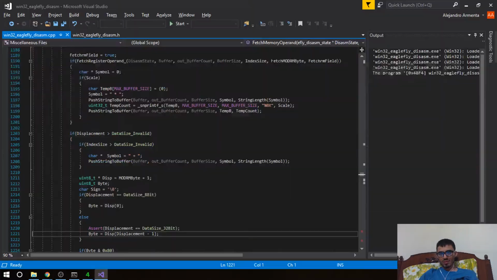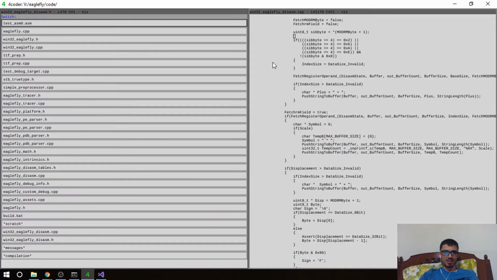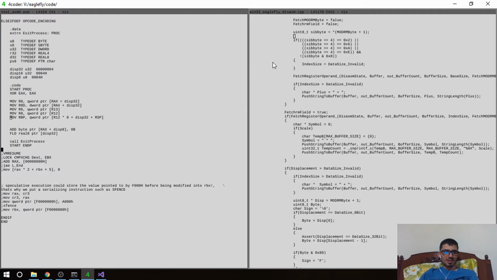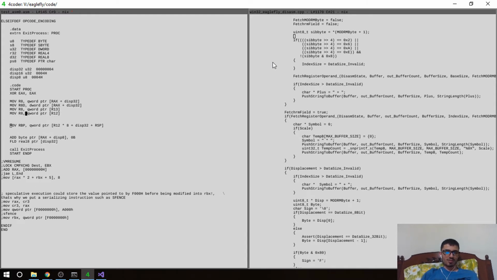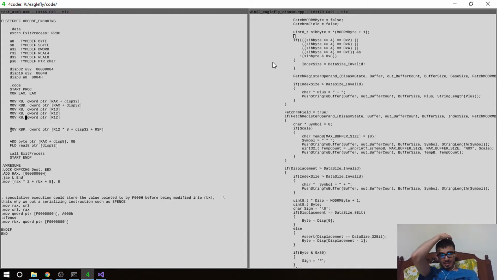What's the difference between saying, I'm gonna put a simpler one just to test it, the one they have here, which is move whatever array R12, and let's say we have R12, which is gonna be on the base, and I'm gonna fetch it on the none, and then say the scale index is gonna be times 1 for R12.